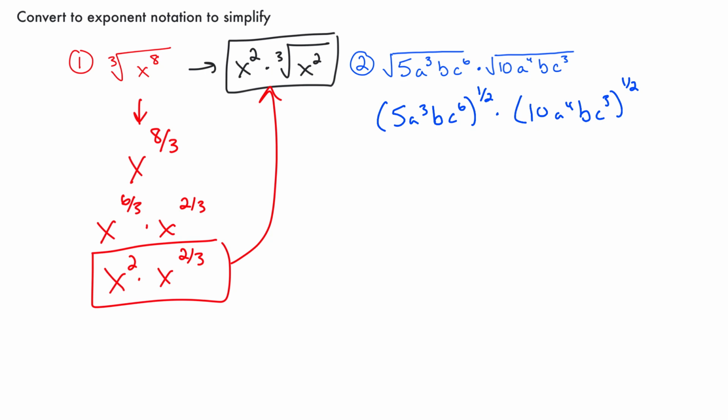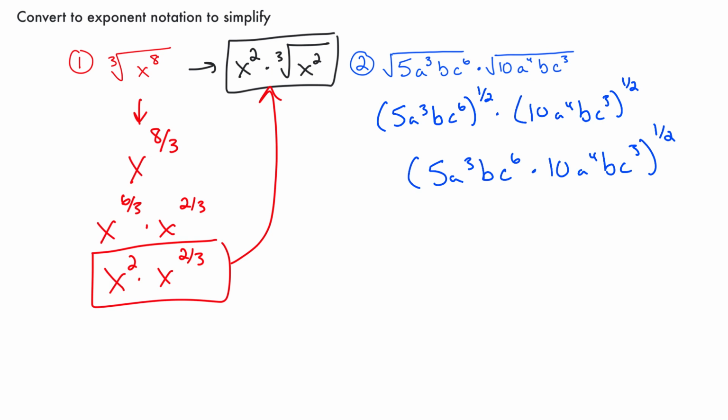They're both brought to the 1/2 power. Therefore, I could rewrite this as, it's all to the 1/2 power. But I can only do that if they're both brought to the same power. That's why you can only combine square roots and square roots, because you need the powers to be the same.